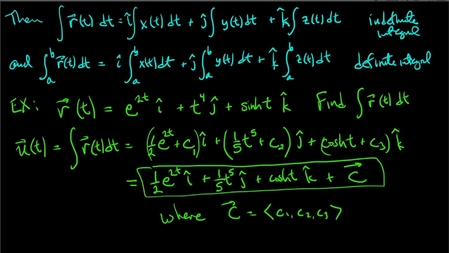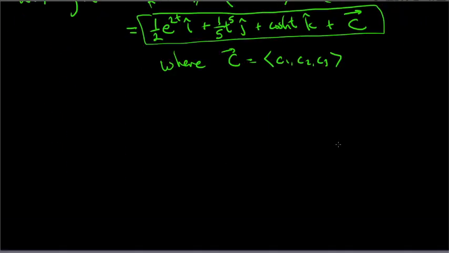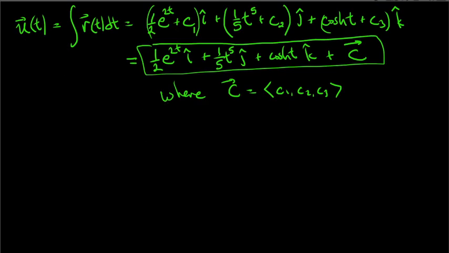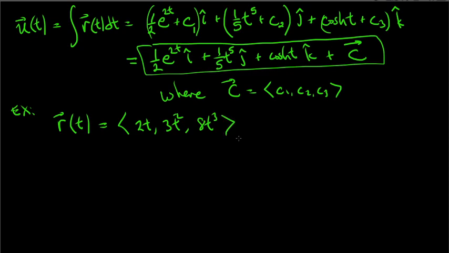Okay, how about a definite integral? I think I have enough space for that. So we should use a different r here. Something nicer. How about 2t, 3t squared, and how about 8t cubed?